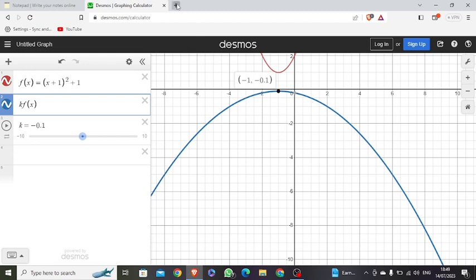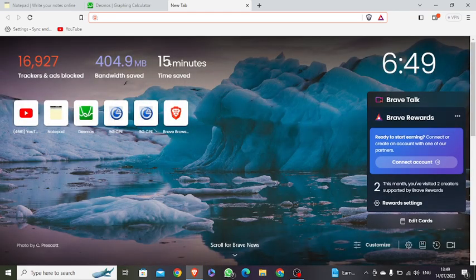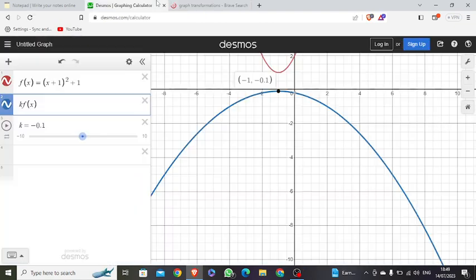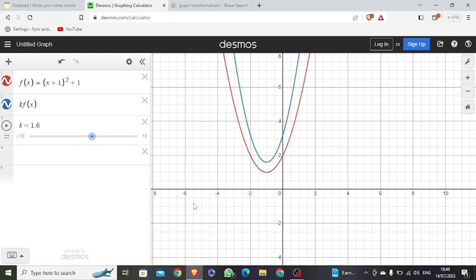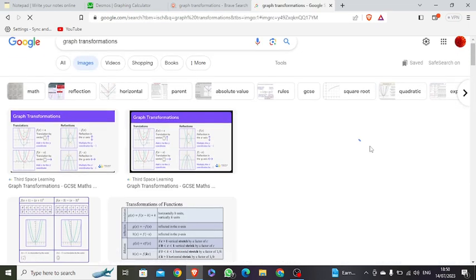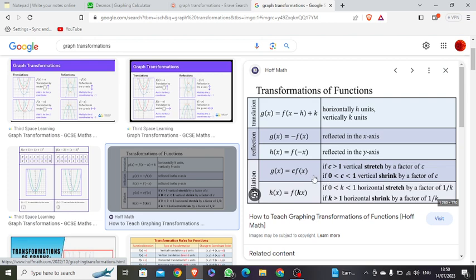Let me search up what exactly happens. You know it stretches in accordance with k, so the larger k gets, the more it moves up and down. There you go. See? It stretches by a factor of c if c is greater than 1, and it shrinks by a factor of c if c is less than 1.